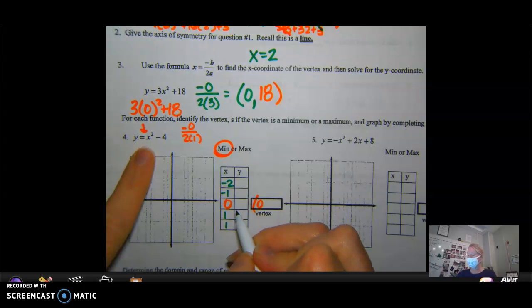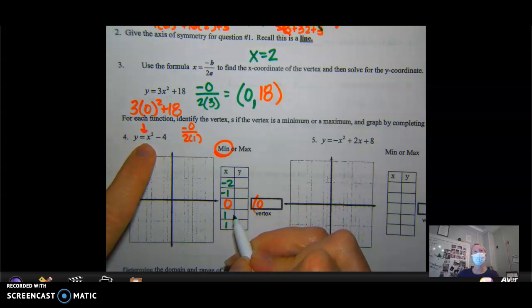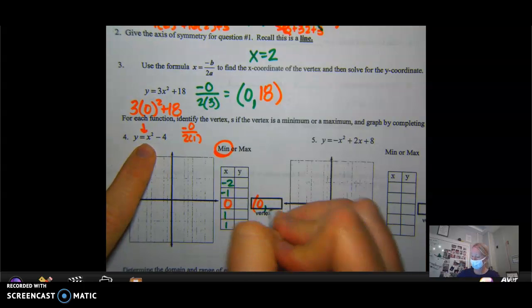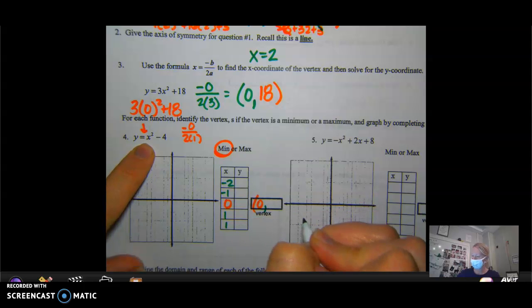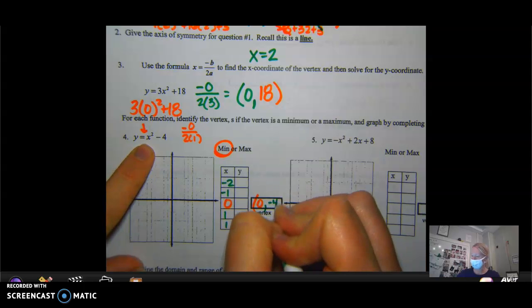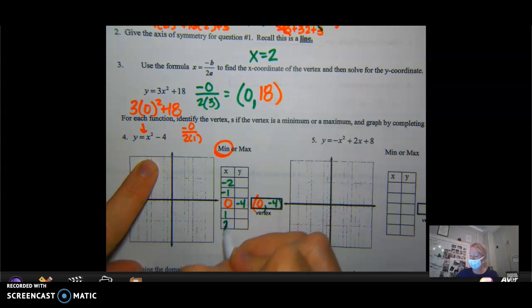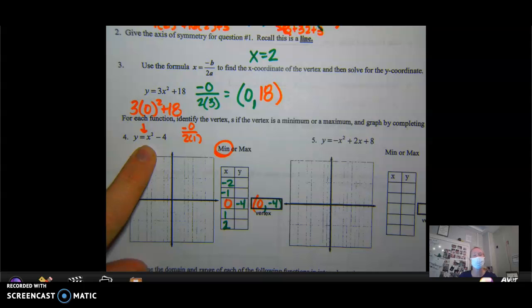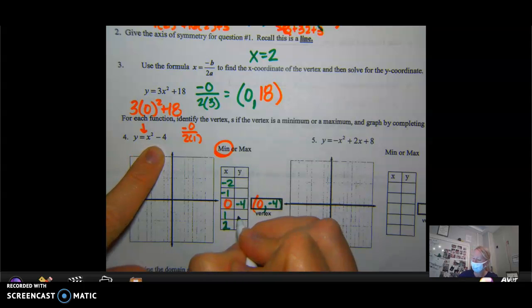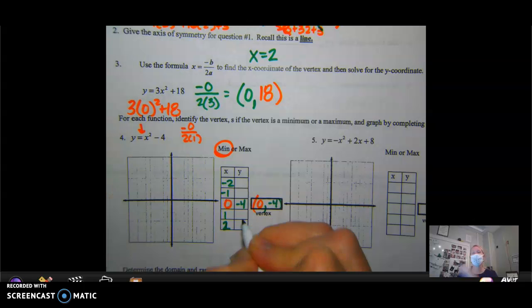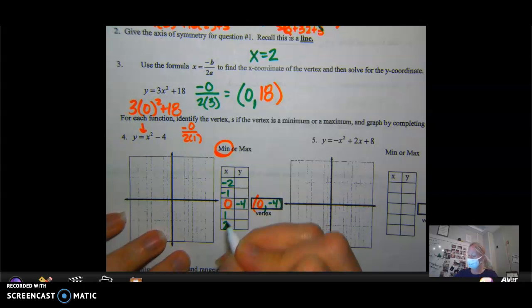Let's start with the vertex. If I plug 0 in here for x, what do I get for my y value? Negative 4. So this is negative 4. Okay, if I plug in positive 1 here, what's 1 squared minus 4? Guys, this should all be done. Thank you.